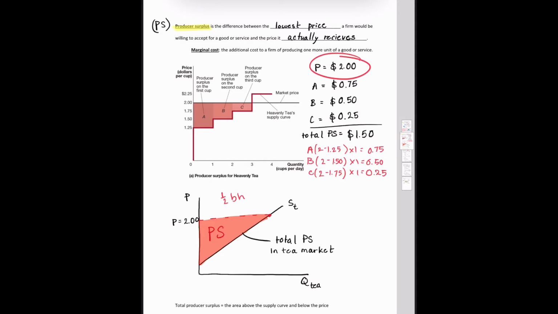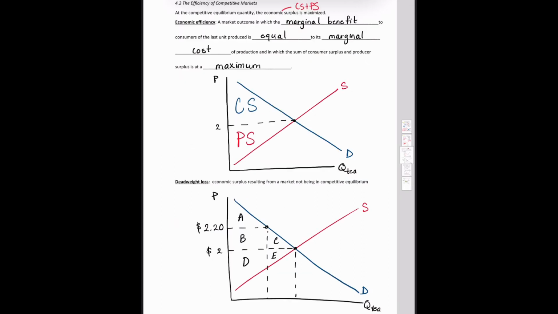Again, the supply curve shows at different prices the quantity supplied a producer is willing to supply. And so here we have graphs that show that exact thing. That represents the supply curve for Heavenly Tea specifically and for the entire market of chai tea from the producer standpoint.